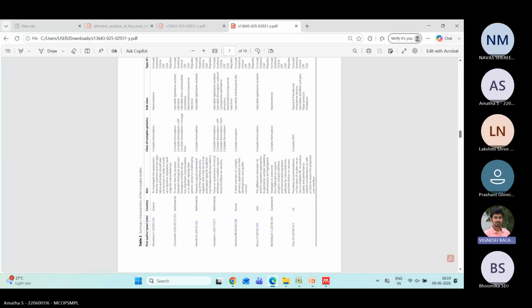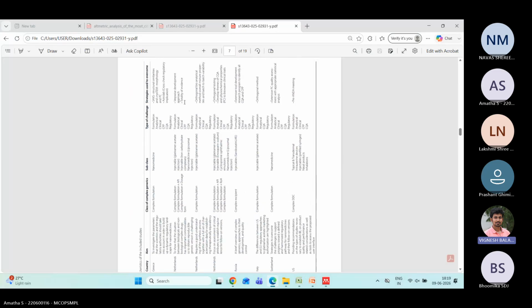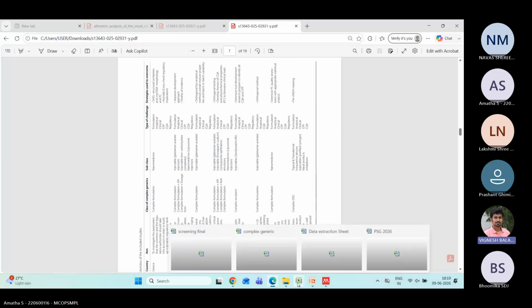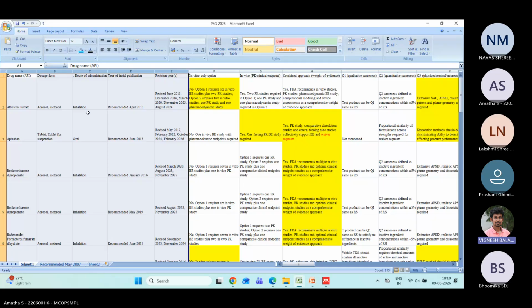In the characteristics table, they will write the first author, country, aim, type of product, subclass, what type of barriers you identified. This is a mini form of our entire data sheet. Like that, this is my first data sheet. In this, the selected columns are the characteristic columns. You can choose country also. Then you can choose year of publication.